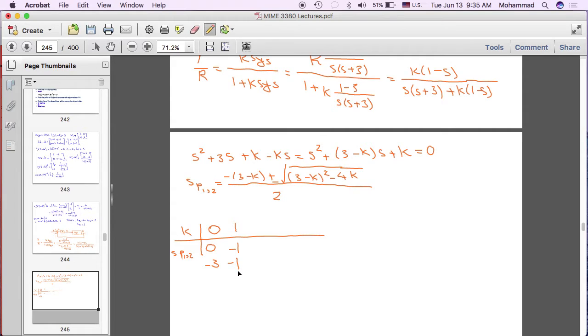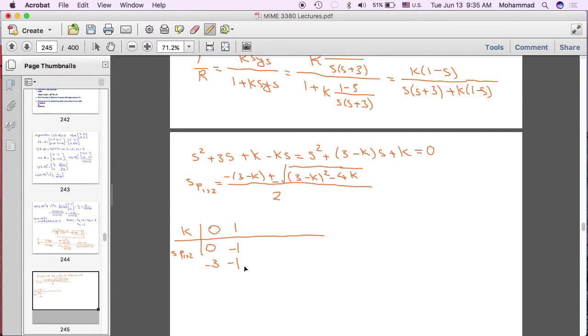Now at K exactly equal to, it's between 2 and 9. I think it's equal to 3. So at K exactly equal to 3, the real part goes to 0. Now look at the equation we have.